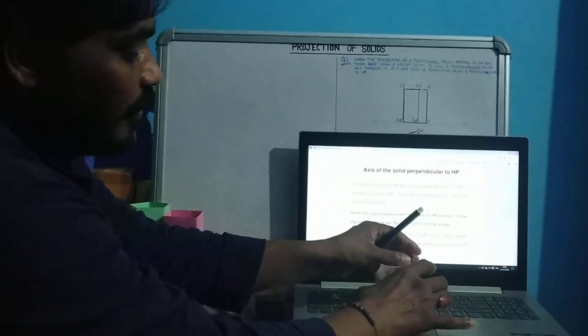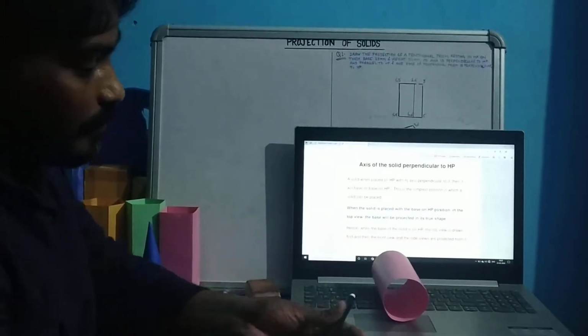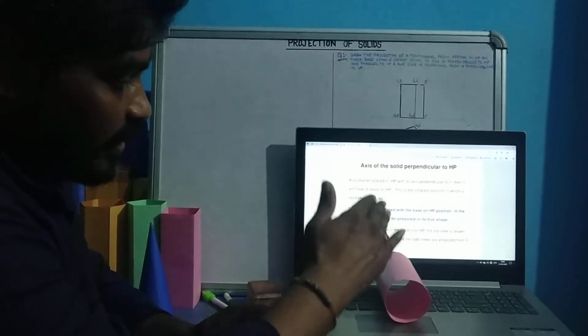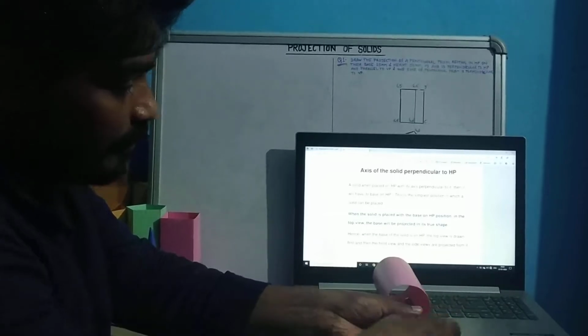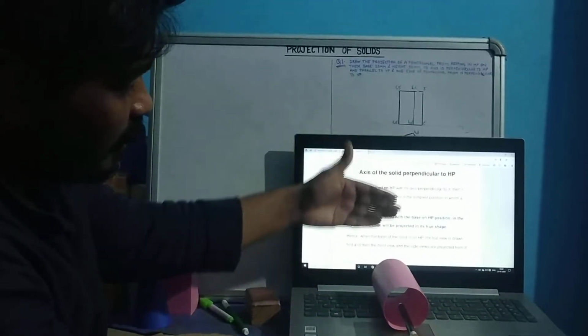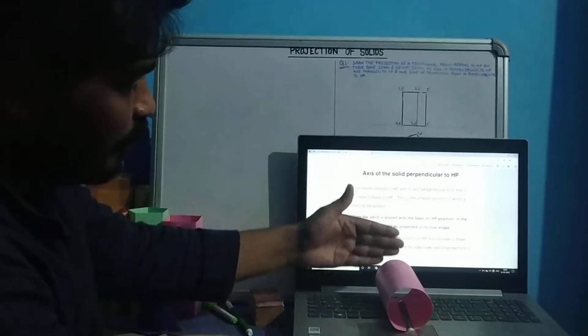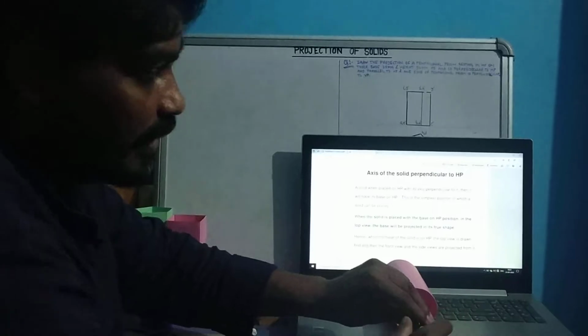Now, if the solid is placed like this, what can we say? There is a cylinder, there is a solid. This is placed in the first quadrant in such a way that its axis is perpendicular to this VP plane and this axis is parallel to this HP plane.